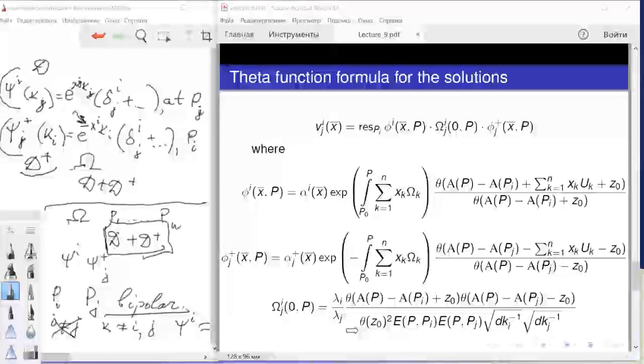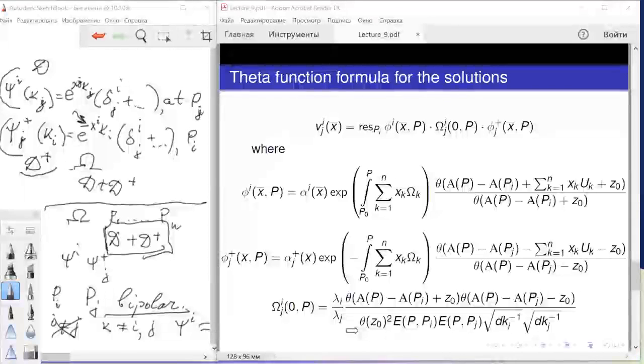The first is the theta function formula for phi upper i. The second is the same theta function formula, but written for phi cross lower j. And the third one is the formula for a bipolar differential via Riemann theta function and prime form.